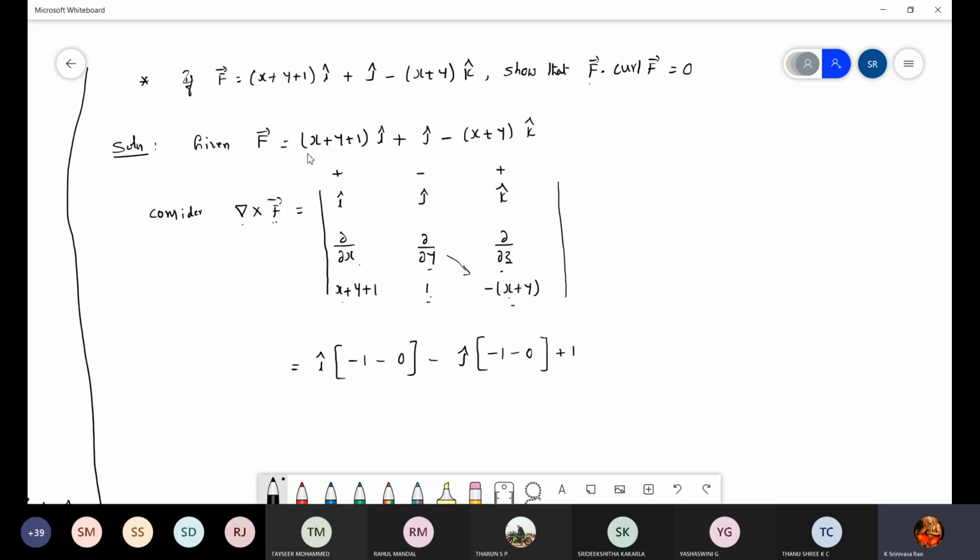Plus k cap into: leave that particular column and row. Dou by dou x of 1 is 0, correct? Dou by dou y of x plus y plus 1 is 1. So minus 1. This is the final answer. You can verify.